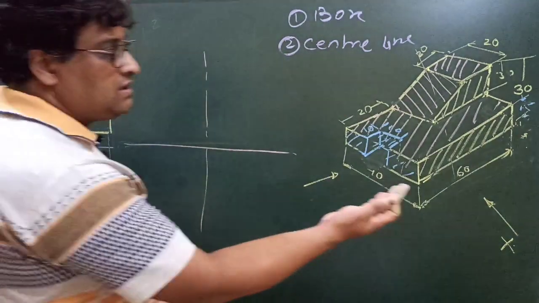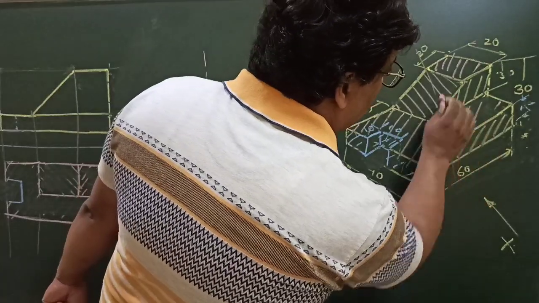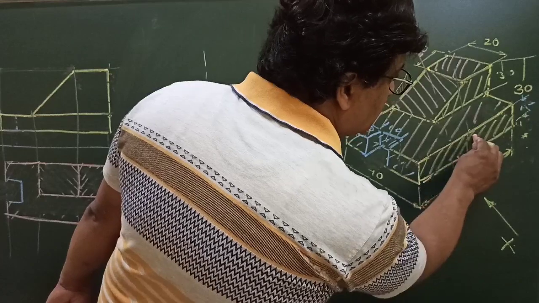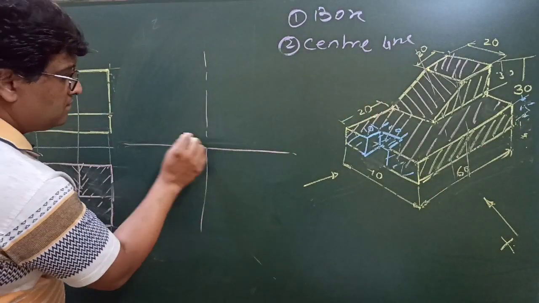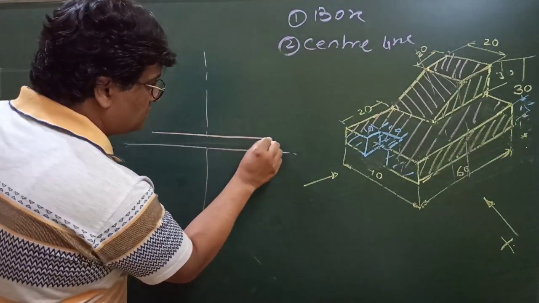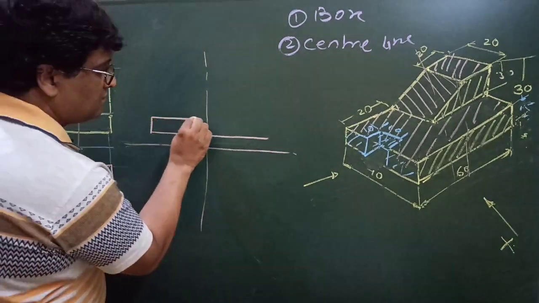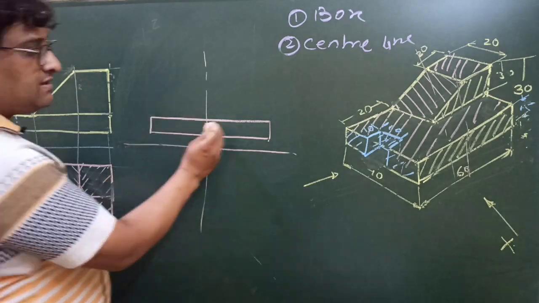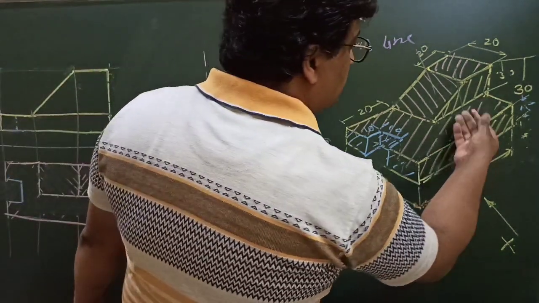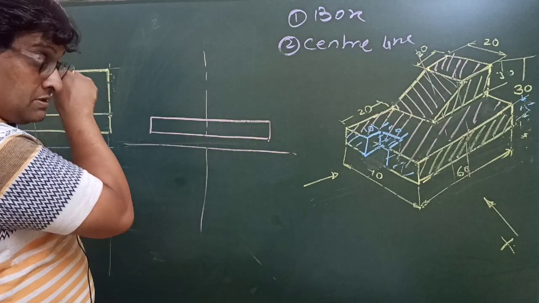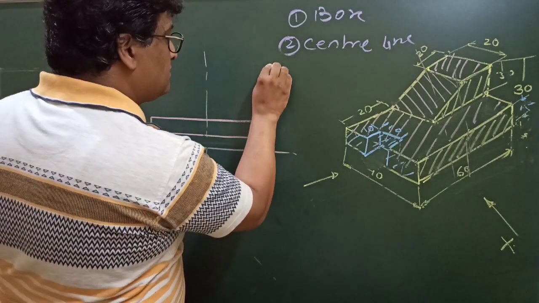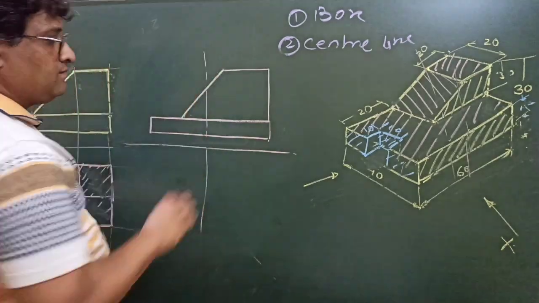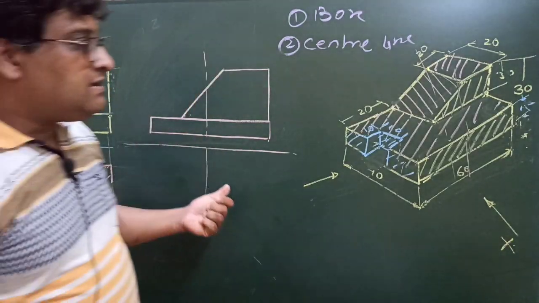So when you want to draw the front view, you take dimensions on both sides. This is the center line, so 30 mm this side, 30 mm this side. So what you do, you draw like this. You have taken 30 mm this side, 30 mm this side. Now in this manner you always start the drawing, and 30 mm, 20 mm, then 20 mm here and this one, right?